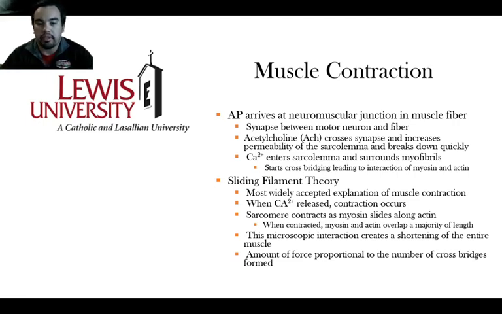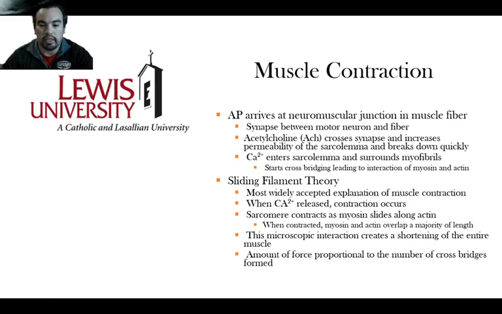Once the permeability of the sarcolemma is provided, calcium enters the sarcolemma and surrounds the myofibrils. This starts cross bridging, which leads to an interaction between the myosin and the actin. And that's where we start getting into what's called the sliding filament theory.